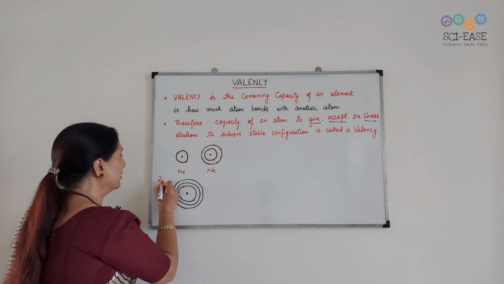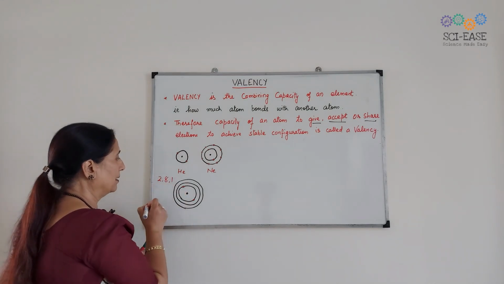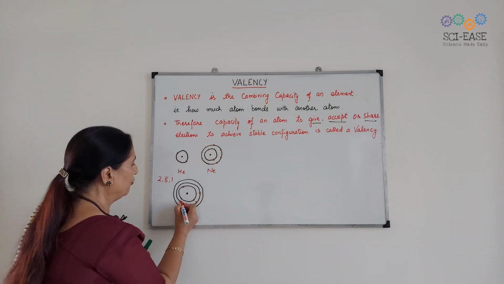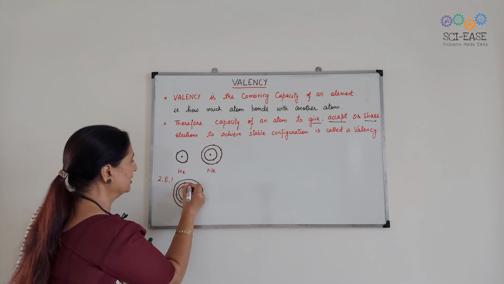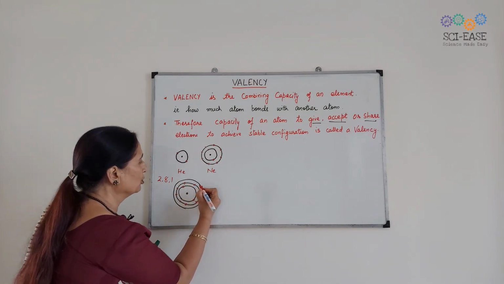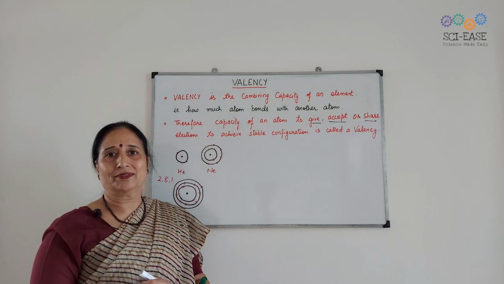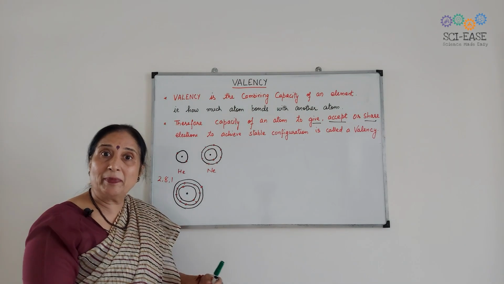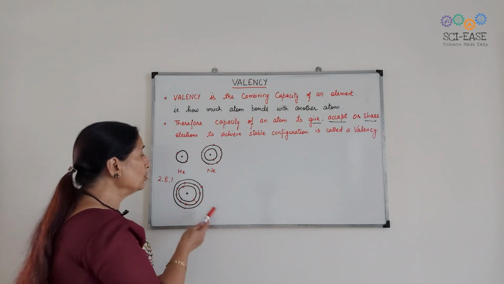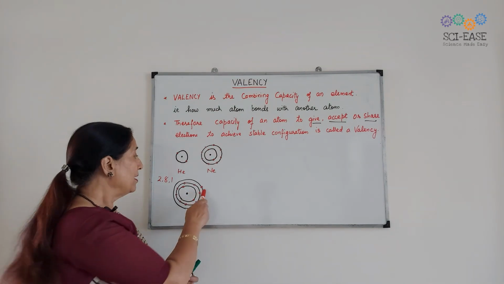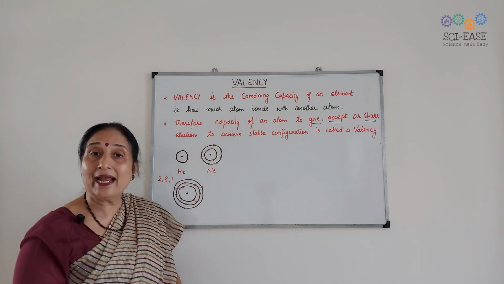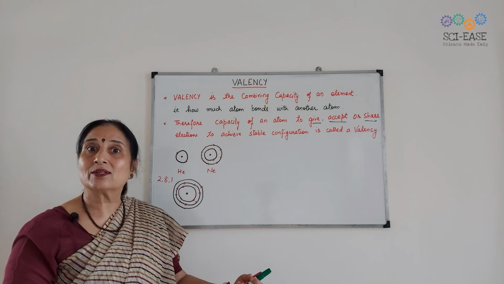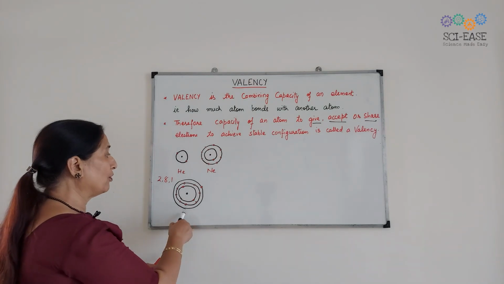Its electronic configuration is 2, 8, 1. So here 8: 1, 2, 3, 4, 5, 6, 7, 8, and this one loosely held electron. How can it acquire the stable configuration? When it loses this electron. When sodium loses this loosely held electron, it will acquire the octet configuration, or the configuration of neon.